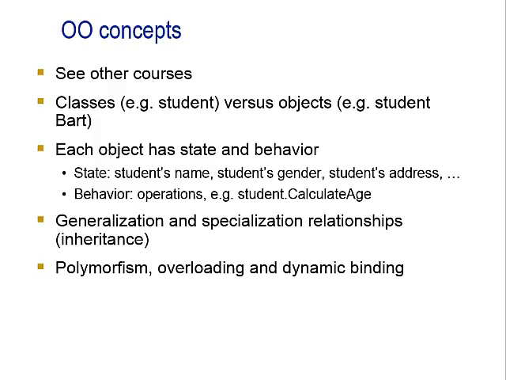Each object has state and behavior. State refers to the characteristics or attributes of the object. Here you can think of attributes such as name, date of birth, gender, etc. The behavior represents the procedures that can be invoked on an object.